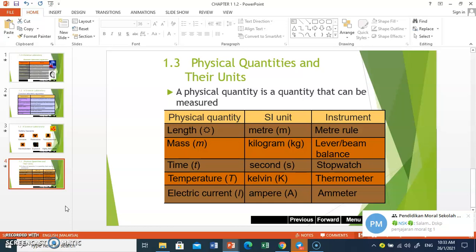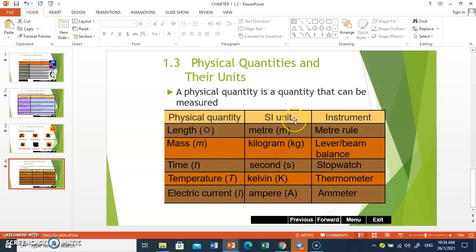The common base quantities used are length, mass, time, temperature, and electric current. The International System of Units, known as SI units, is used for the consistency of measurement. This allows accurate exchange of data and scientific knowledge to the entire world.